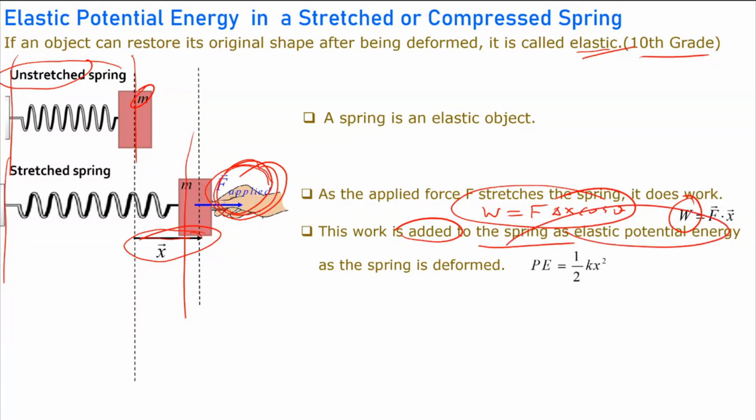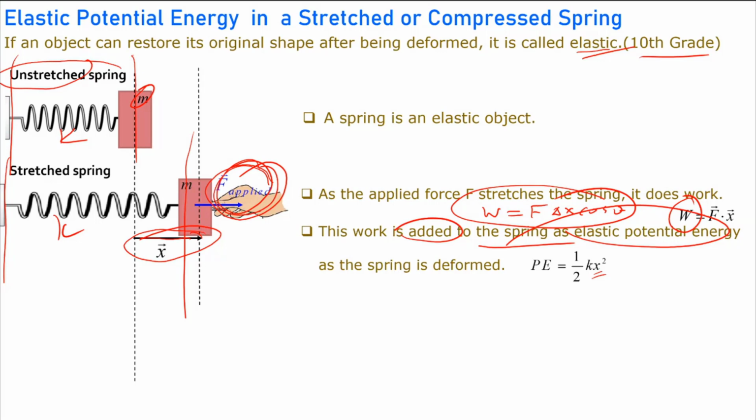And last year, in the 11th grade, you got this equation: the elastic potential energy stored in a spring, which is stretched by a distance x or compressed by a distance x, is calculated by 1/2 kx squared. K is the spring constant, x is how much you stretched or compressed the spring.